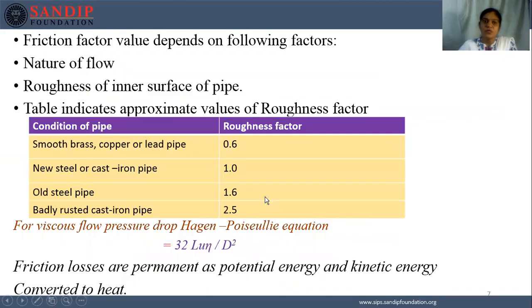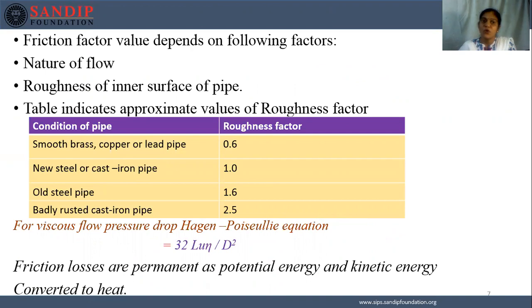Now next, what do you mean by friction factor? This friction factor depends upon the following factors. This includes the nature of flow, which we discussed, that is viscous as well as turbulent flow.